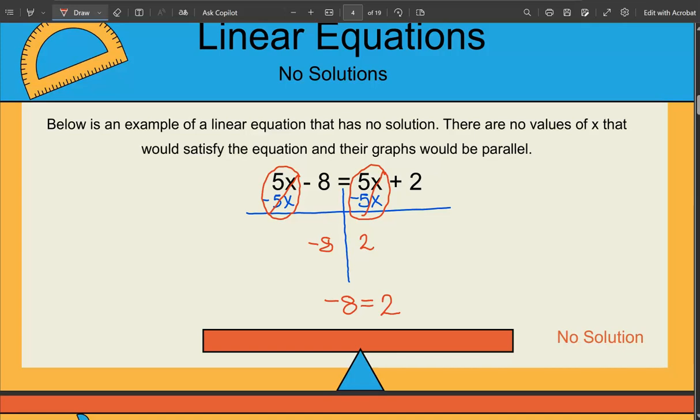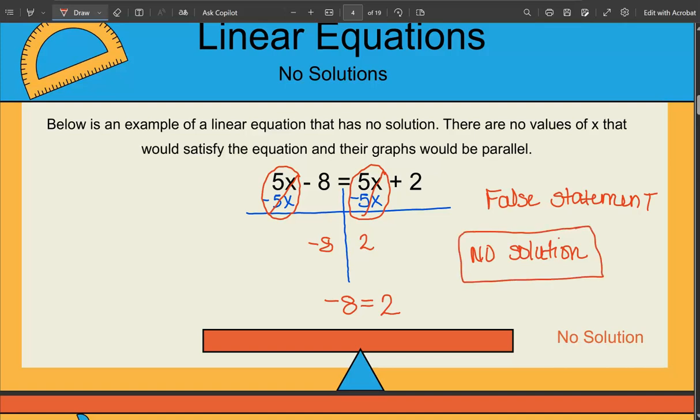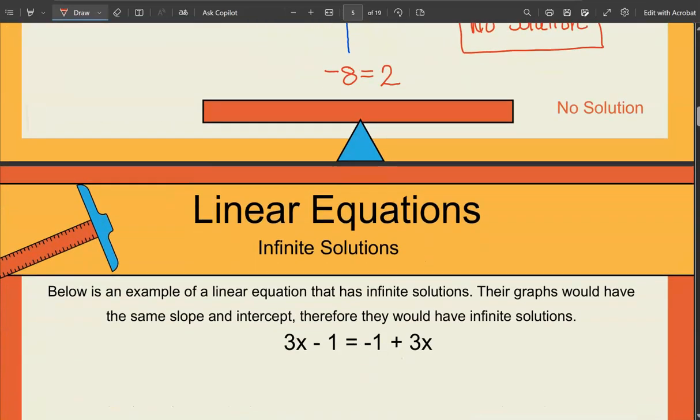And I know that that's not true. So anytime we have a false statement, when we know that something is not true, our answer will be no solution. There are not any numbers on our real number line that will satisfy that equation. There are not any numbers that will satisfy that equation, so therefore there is no solution.